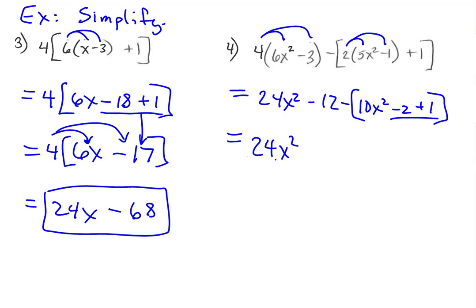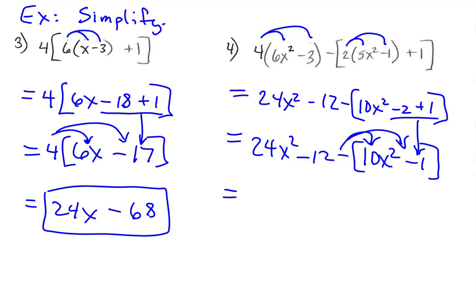So I'm going to copy down the 24x squared minus 12 minus, open bracket, and then we'll have 10x squared, and then really it's a minus 1 if we combine those numeric like terms there. Okay, now we'll go ahead and distribute the negative sign that was in front of the brackets to both terms inside it, so that we end up with 24x squared minus 12 minus 10x squared plus 1.